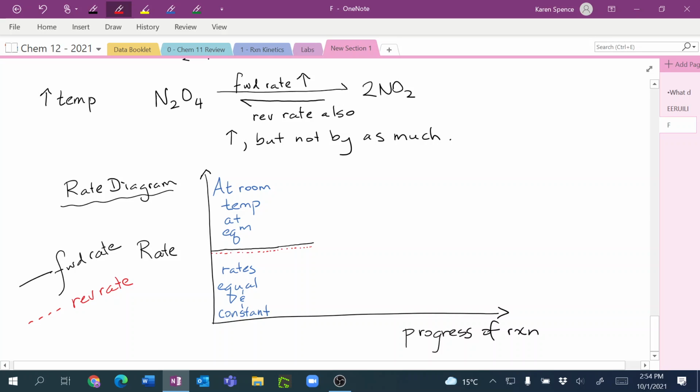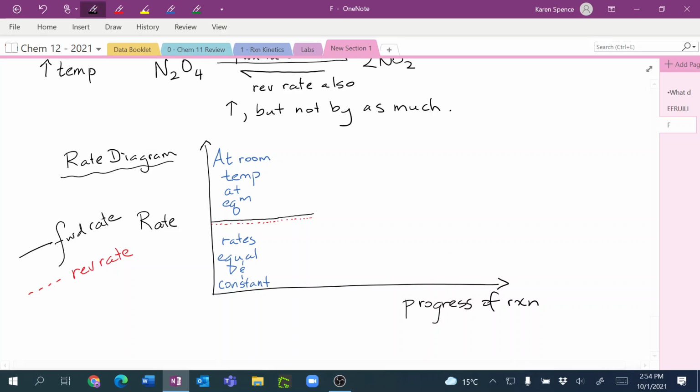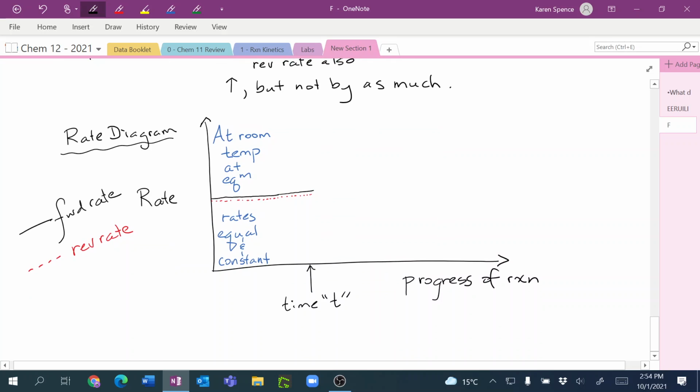Now, all of a sudden, at time t, we increased the temperature. What happened to our forward rate when we increased the temperature?